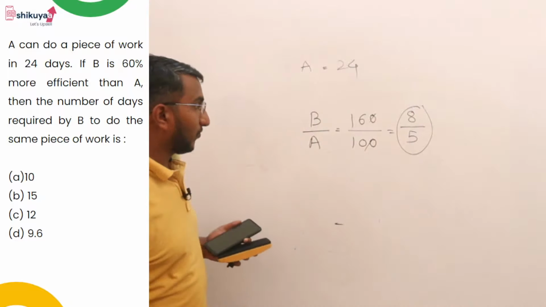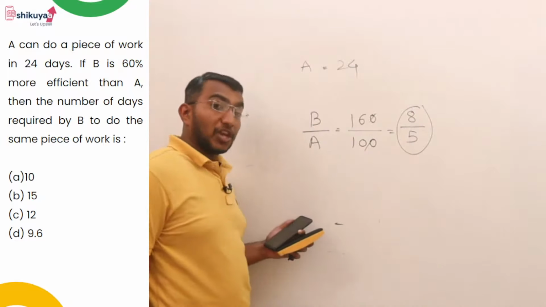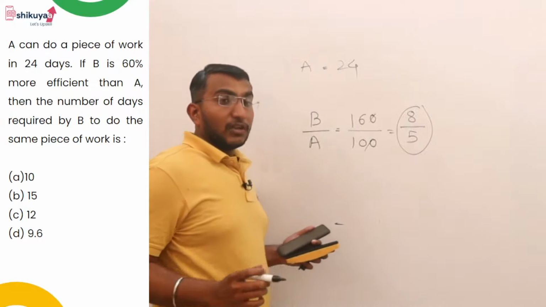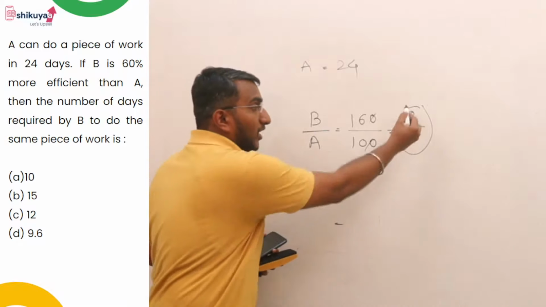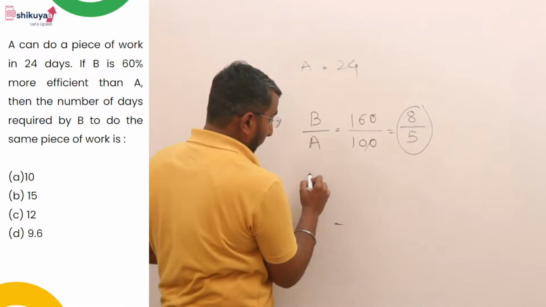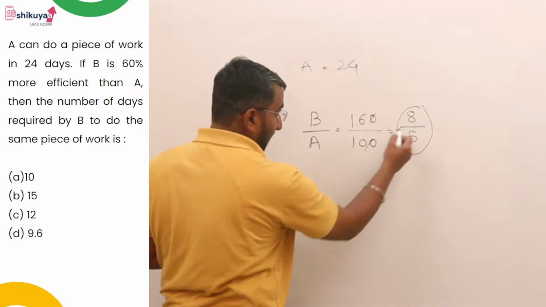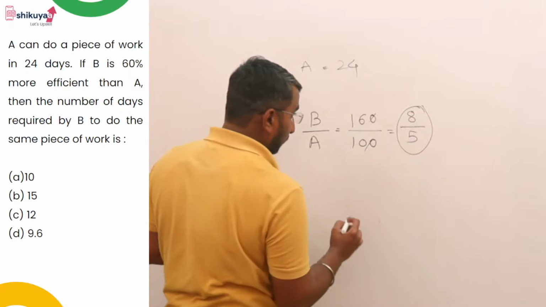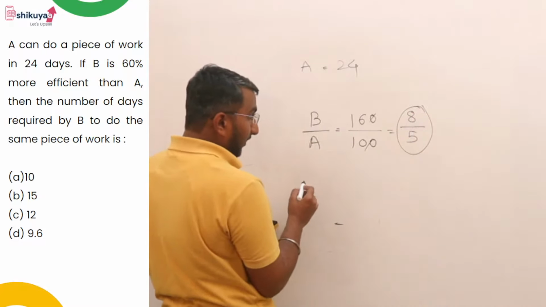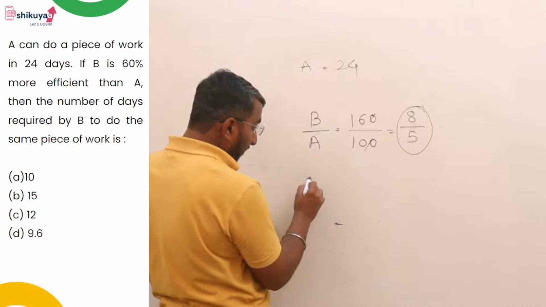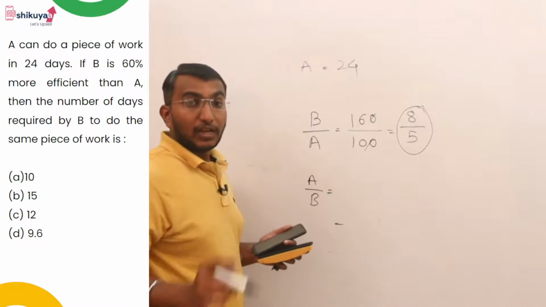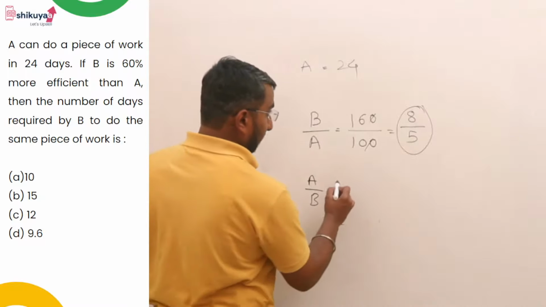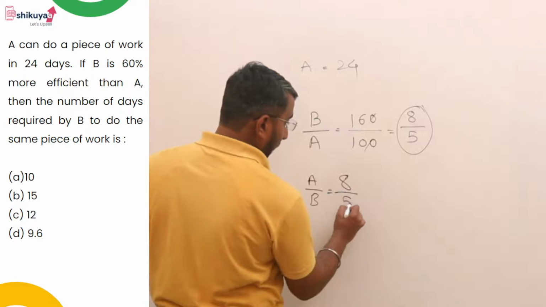That is, 8 upon 5 is the ratio of efficiency of B to A. Now the ratio of the number of days taken by them is inversely proportional to the ratio of efficiency. So if the efficiency ratio of B to A is 8:5, then the ratio of A upon B of number of days taken will be 8 upon 5.